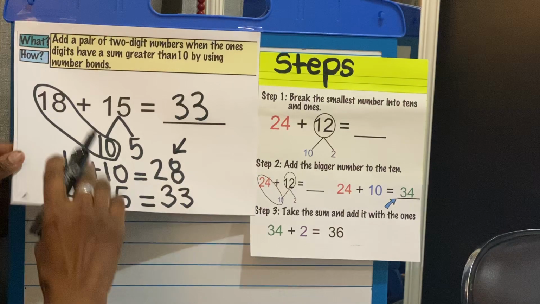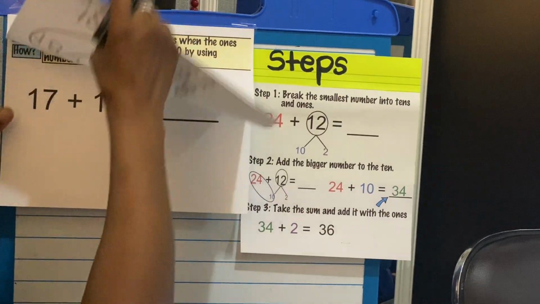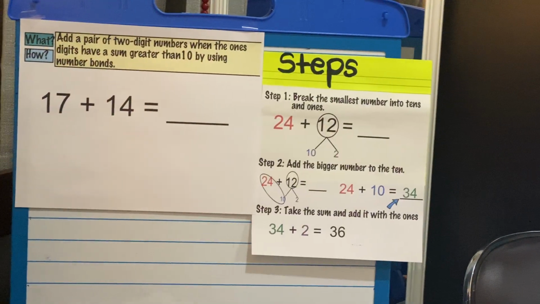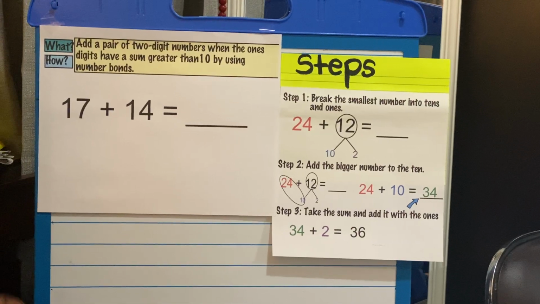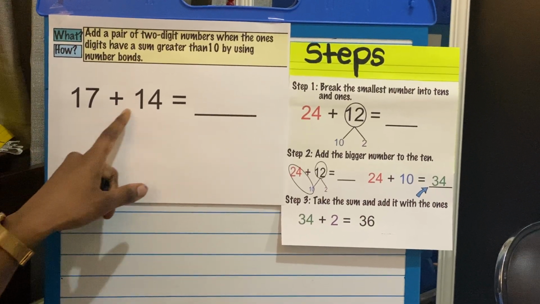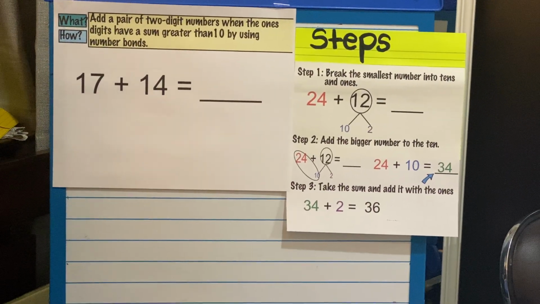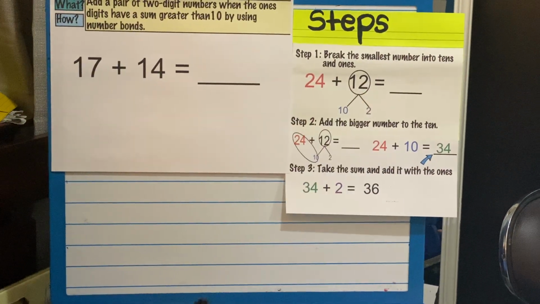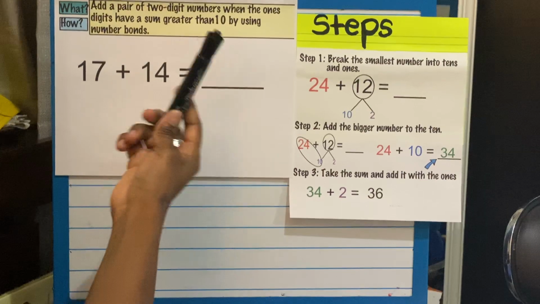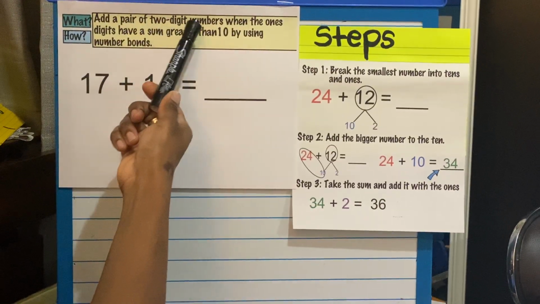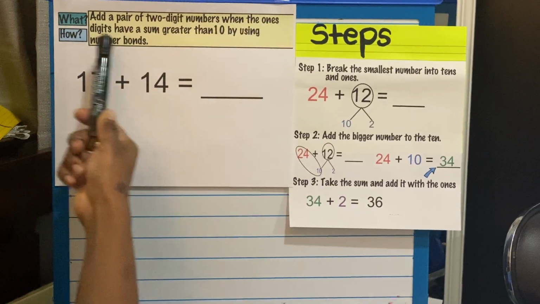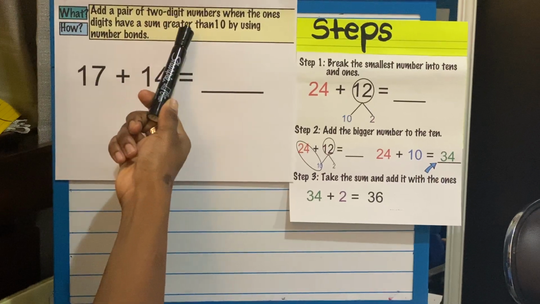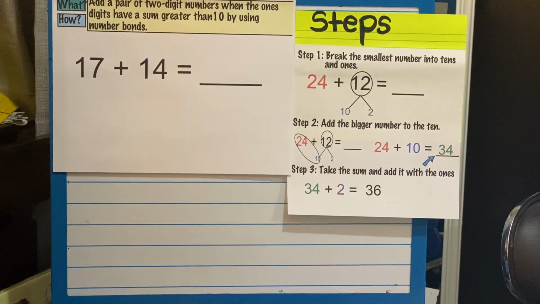So let's try to see if we can do another one. So I have 17 plus 14. I am going to follow the same steps. Remember that we are adding a pair of 2-digit numbers when the ones digits have a sum greater than 10.